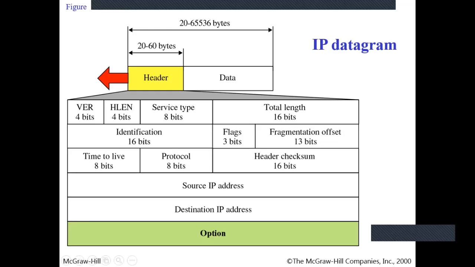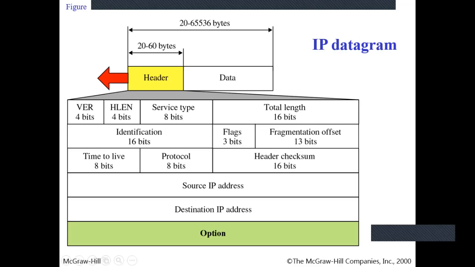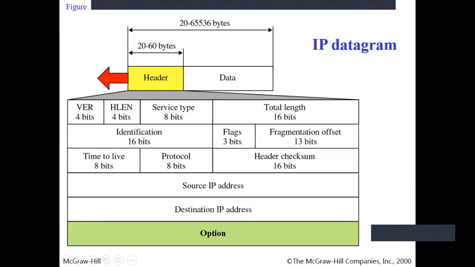The last part of this particular datagram is the option field. Basically, this option field is used for network debugging and testing. The minimum value of this option field is 5 and the maximum value is 15.